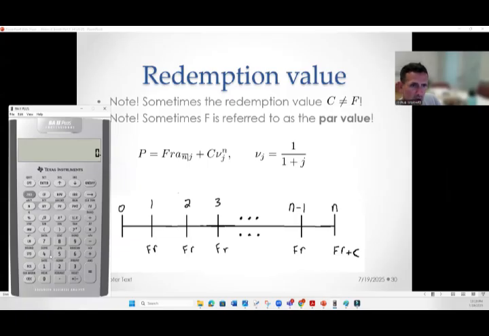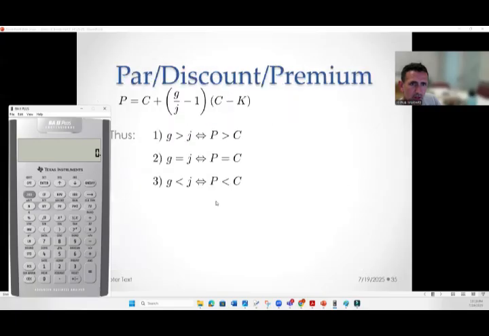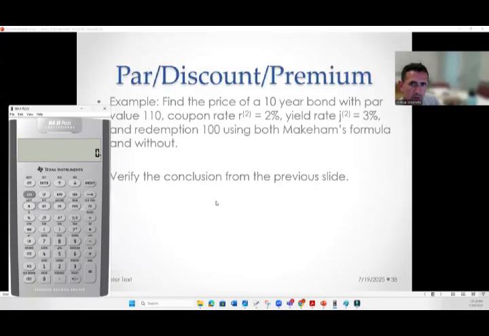So Fr: par value is 110, so 110 times 0.02 over 2. So it's 1.1 are my payments, for 20 periods.